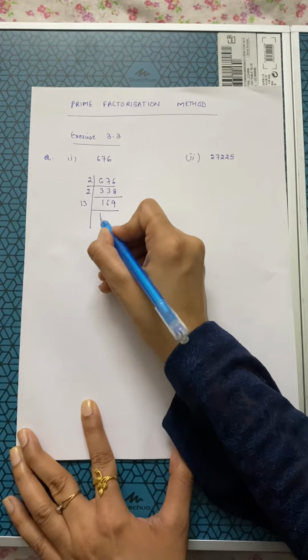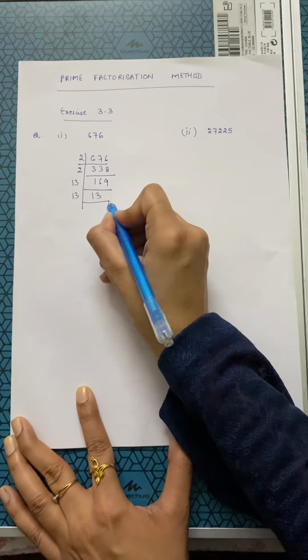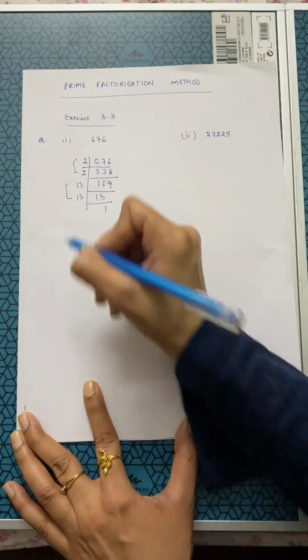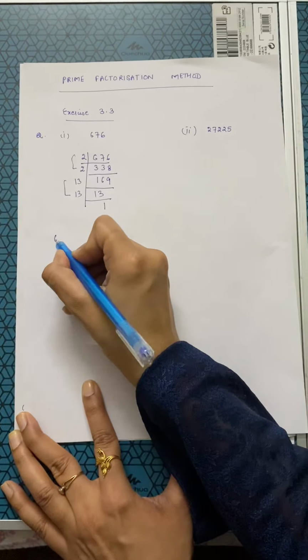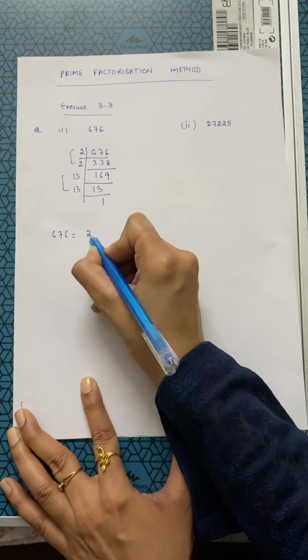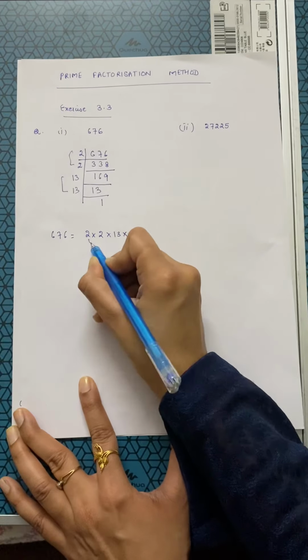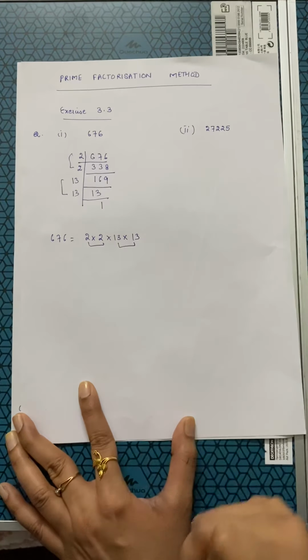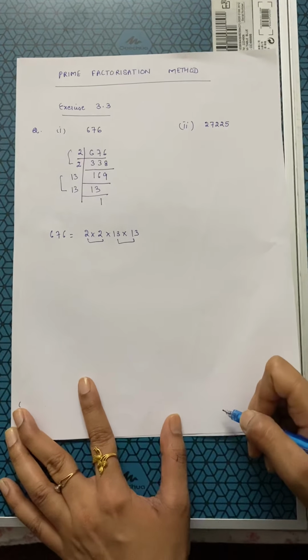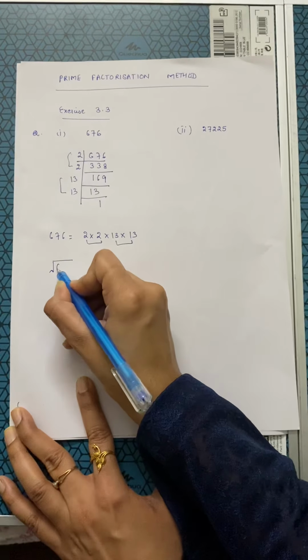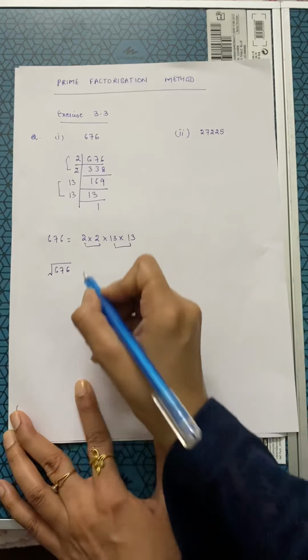That means 13 times 13. So the pairing of 2s and 13s is there. I can write 676 as 2 into 2 into 13 into 13. If the pairing of digits is possible, that means it will be a perfect square. It will be written as the square root of 676.